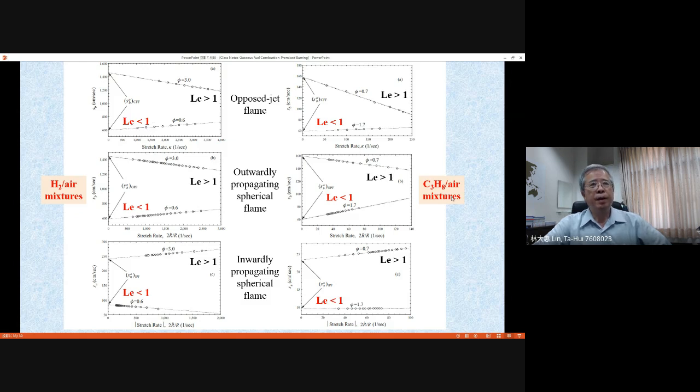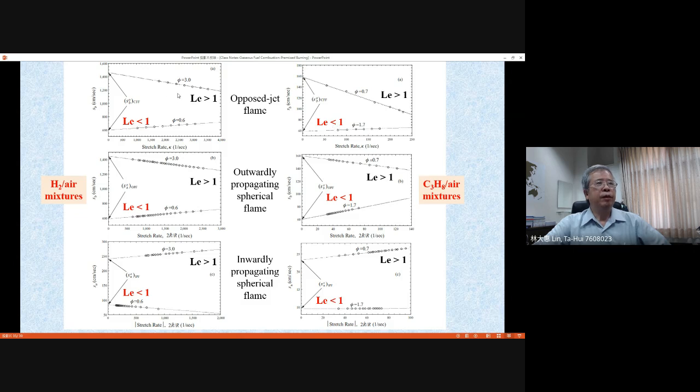For the propane, the lean case is here, and this is the rich case. And we understand for the rich propane air mixture, the Lewis number is correspondingly smaller than 1. These two, the lean hydrogen and rich propane, should have Lewis number values less than 1. Here this is a Lewis number smaller than 1.